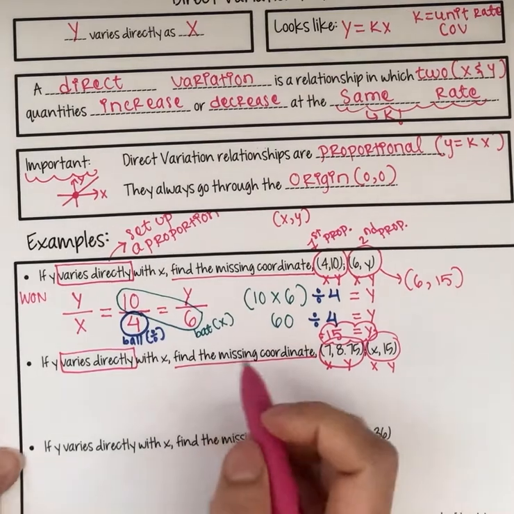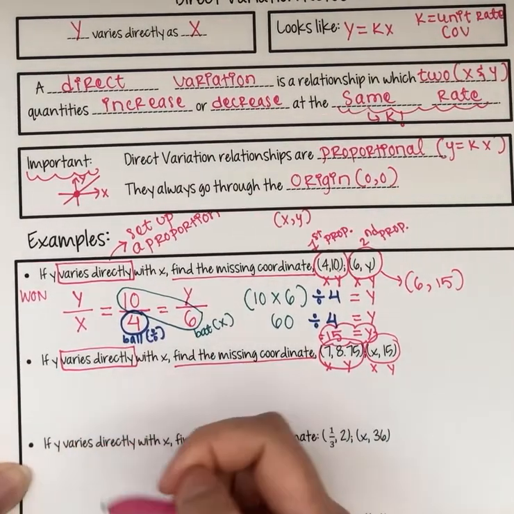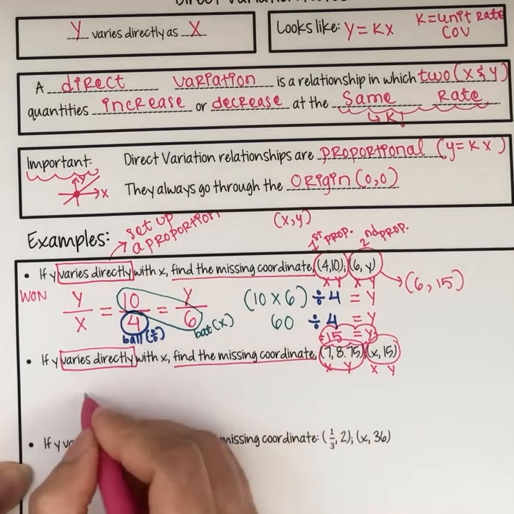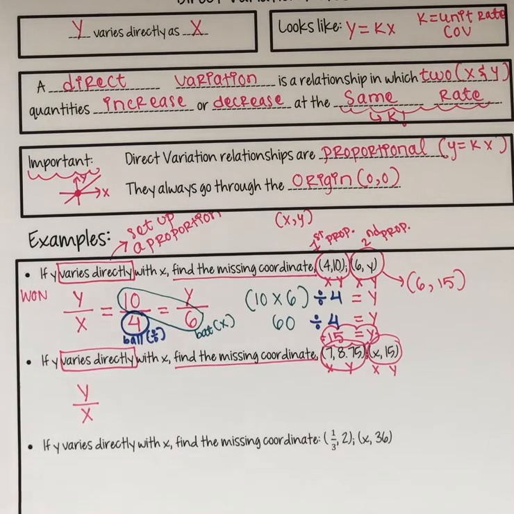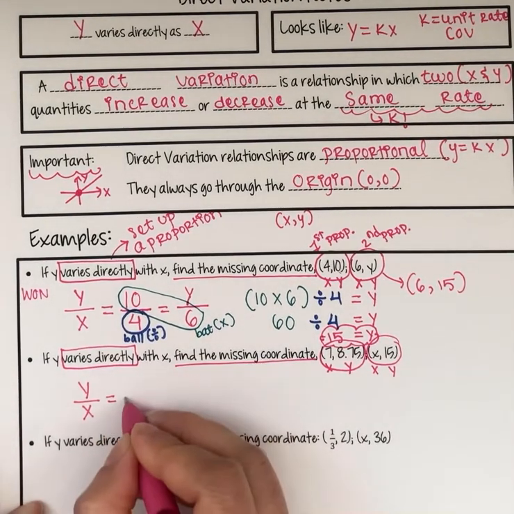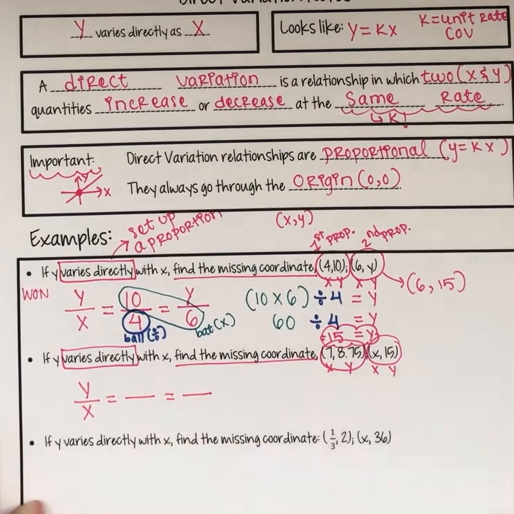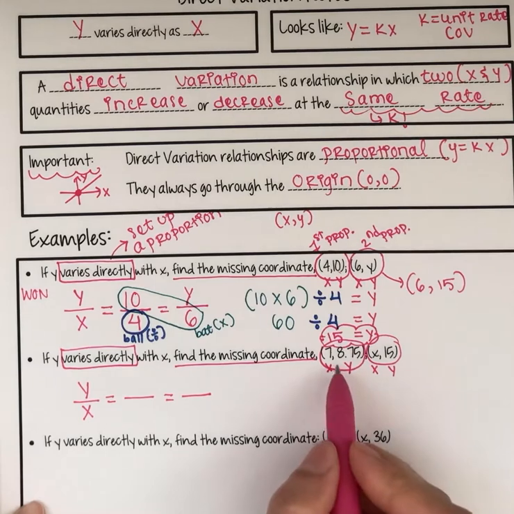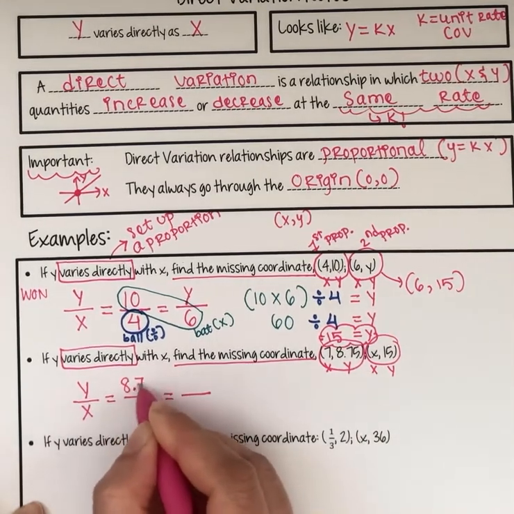Okay, so what does varies directly mean? What do we do? Set up a proportion, okay? And we are going to set up our information here, y over x, that's our proportion. And then we're going to have the original numbers and then the new information, okay? So the original information is y value of 8.75.